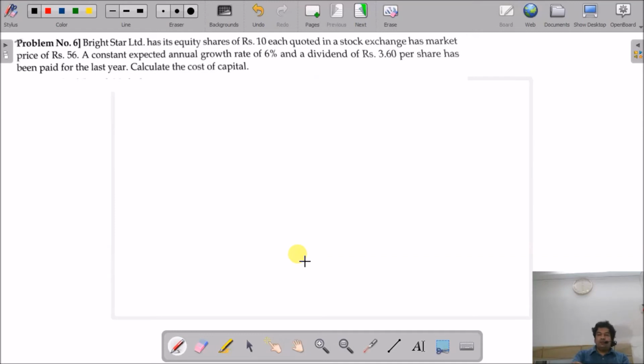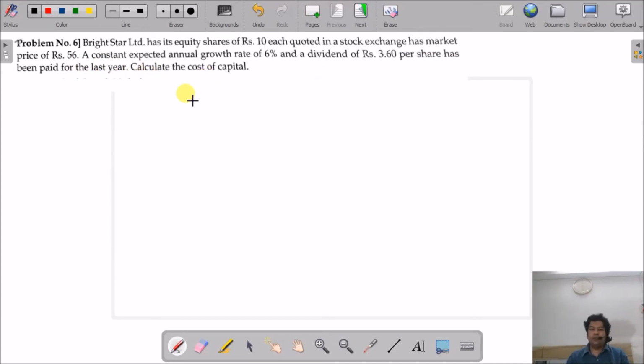So I am reading the fifth sum for you. Brightstar Limited has its equity share of rupees 10 each quoted in stock exchange and has a market price of 56. The constant expected annual growth rate of 6% and a dividend of 3.60 per share has been paid for the last year. Calculate the cost of capital.